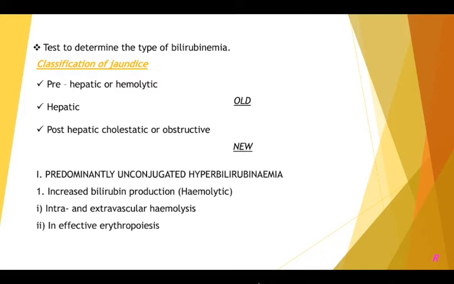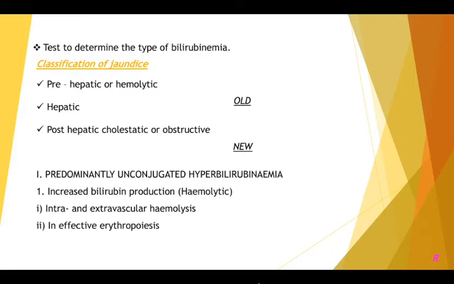The second reason is ineffective erythropoiesis. We know that if any problem happens in production, it will result in damage to the product. If there is any damage in erythropoiesis, what is erythropoiesis?